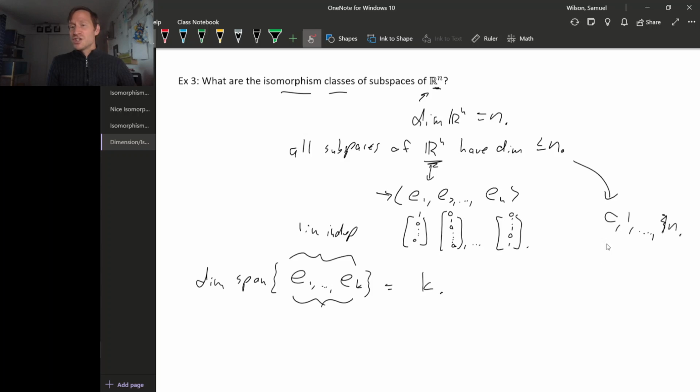The span of none of them is the zero-dimensional subspace, the span of just the first one is a one-dimensional subspace, the span of the first two is a two-dimensional subspace, and all of these represent the different isomorphism classes that fit inside of Rn because they all have different dimensions. There are no other possibilities for isomorphism classes inside of Rn because there are no other possibilities for dimensions that will fit inside of Rn.